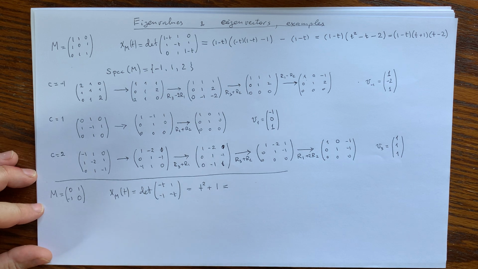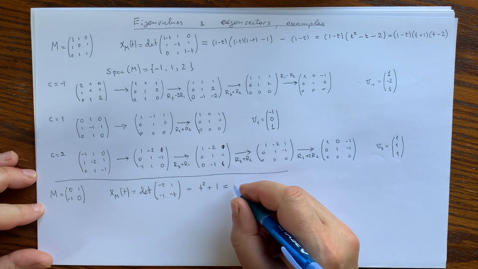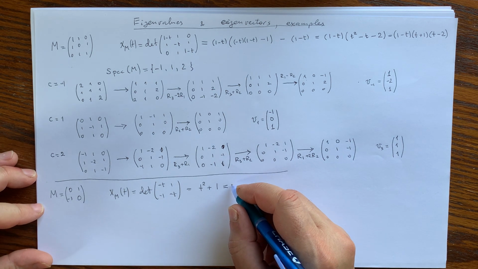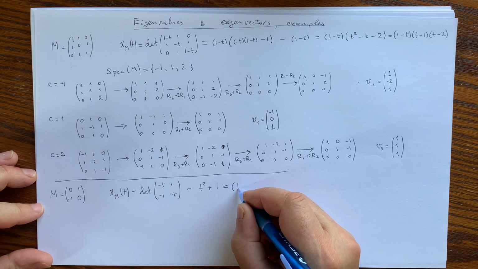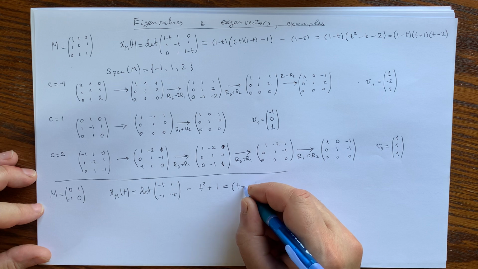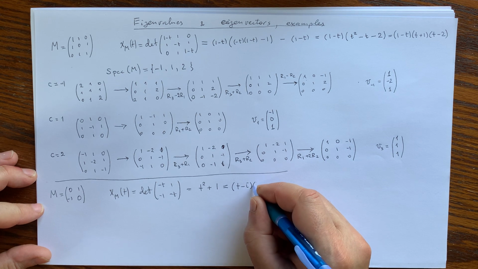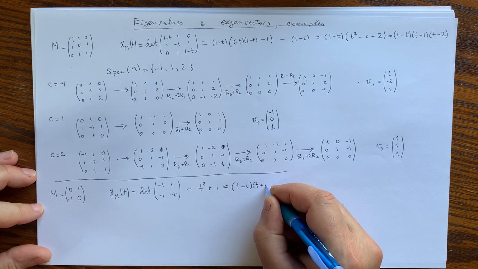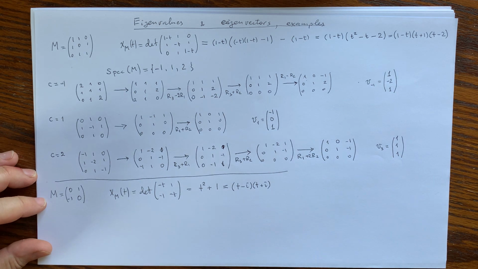But nevertheless, if we can be comfortable with using complex numbers, we can find missing eigenvalues and eigenvectors, because in complex numbers any polynomial has a root or has all the roots. So we can factorize this polynomial according to its roots as (t minus i)(t plus i).